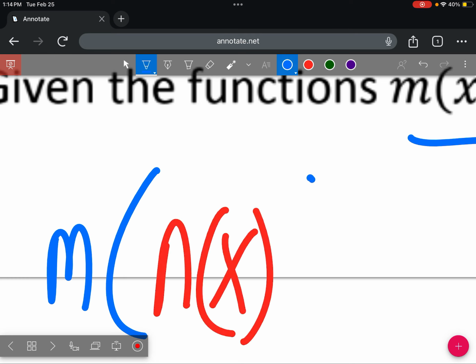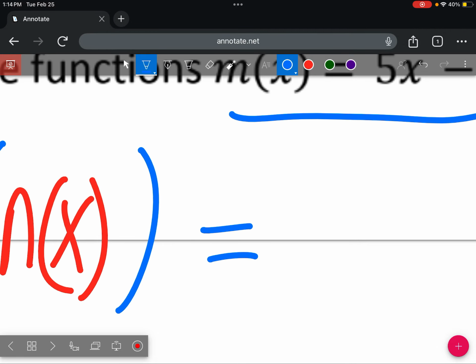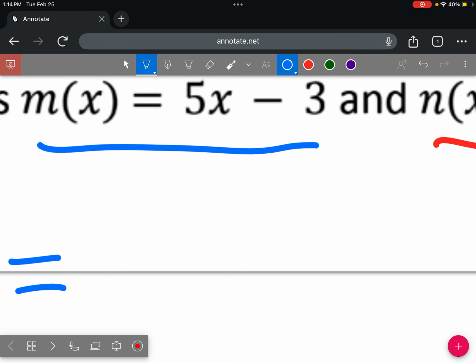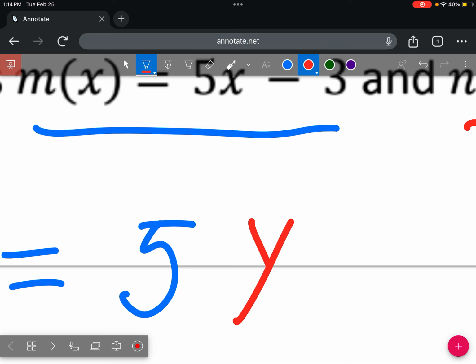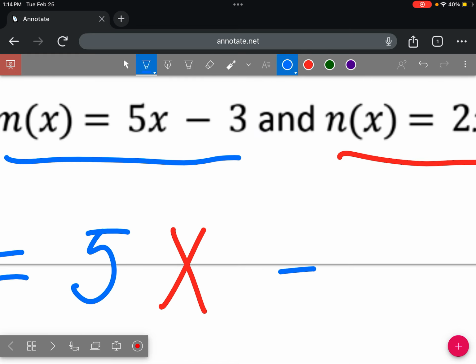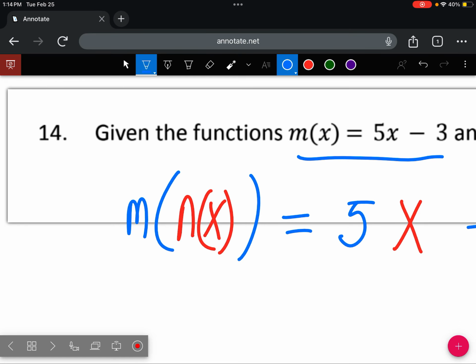Just to review how we get this, you're rewriting m of x, 5 times x minus 3.